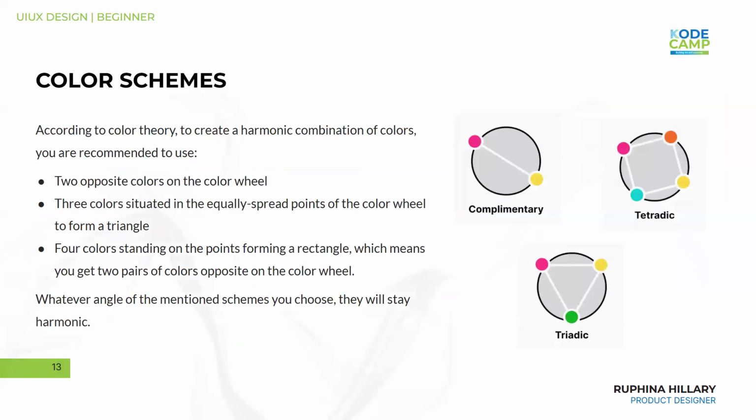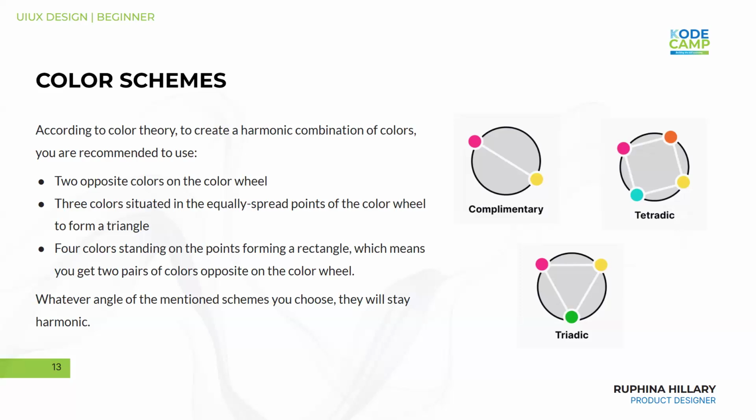Now, according to color theory, of all these color schemes, the ones we would usually be advised to implement in our designs are the tetradic, the triadic, and the complementary. Monochromatic too. So use complementary for very eye-catching design, maybe for websites, the hero page of a website is very, very loud.